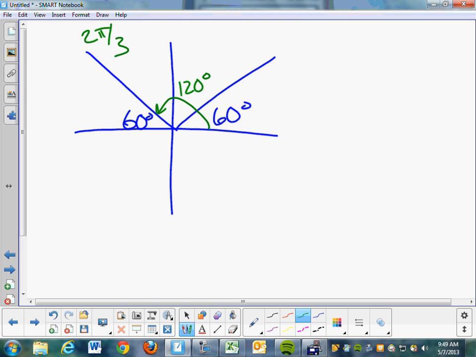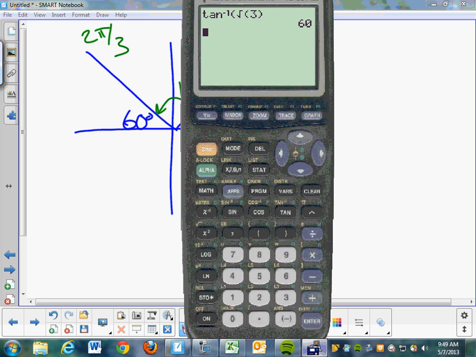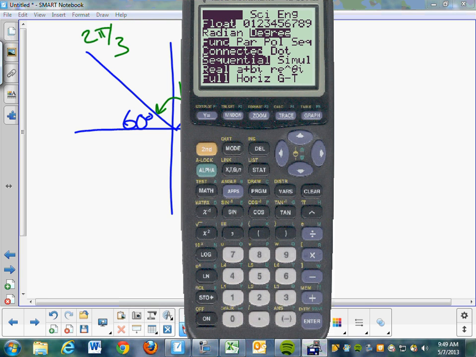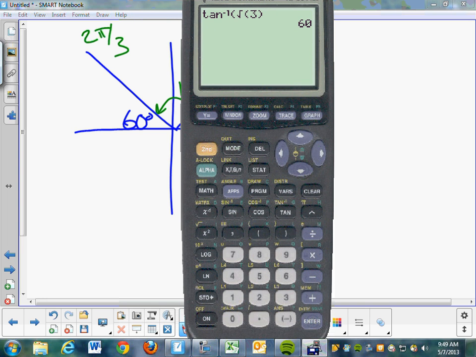If you want it, but let's say it did come out to be the appropriate degrees, you always have to put it in radian form. If I took my calculator and I said mode radians, and I tried it again, now I get 1.047.